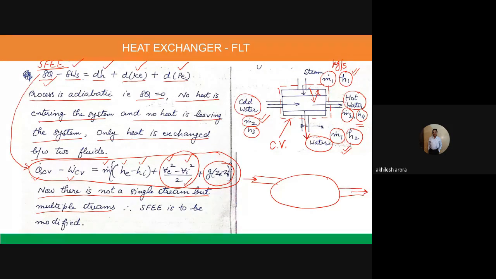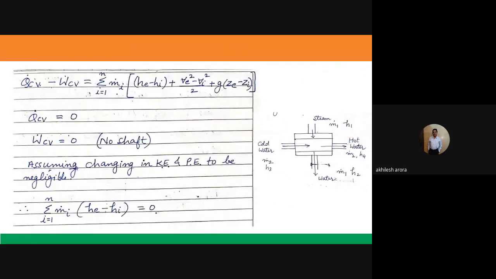But in the present case, if you see this particular heat exchanger, this is one of the inlets, this is another inlet, this is an exit here, and this is also an exit. So there are two inlets and two exits in this particular case. So we have to modify this equation. The steady flow energy equation is to be modified. So let us see what we can do.